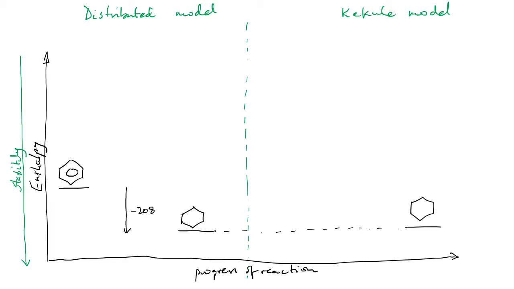Whereas when we look at the Kekulé model and do our predictions, it's more exothermic, which means we need to start our Kekulé model up here somewhere. If we start our Kekulé model up here, then it's more exothermic, and that's minus 360 is what we would predict.